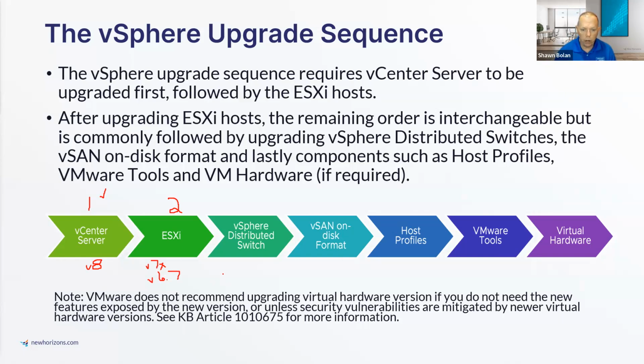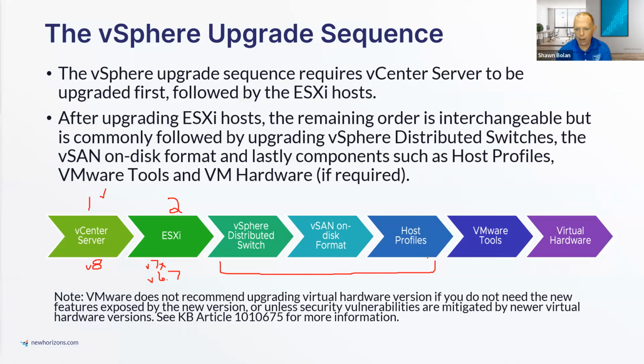The middle stage of the migration process, and this is the one area where I'm not going to be spending a ton of time, is some of the specific vSphere components. Like if you use distributed switches, they are versioned. Once all my hosts are up to V8, I can bump up my distributed switch version.